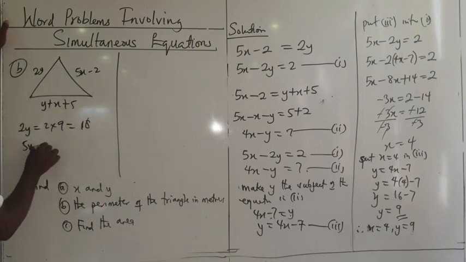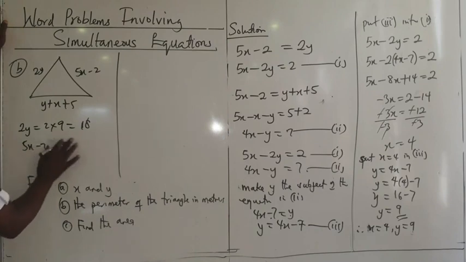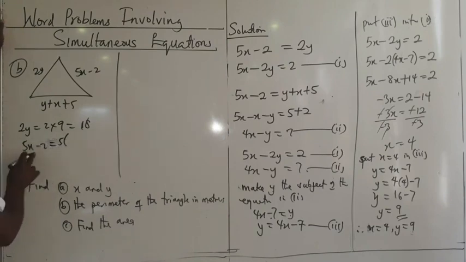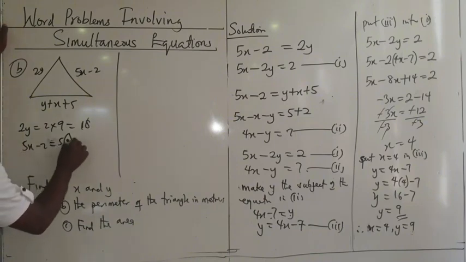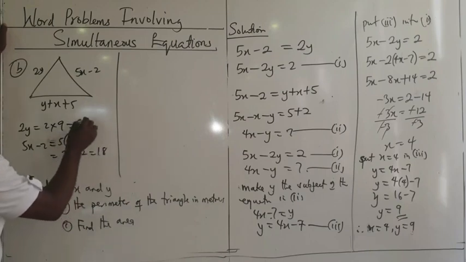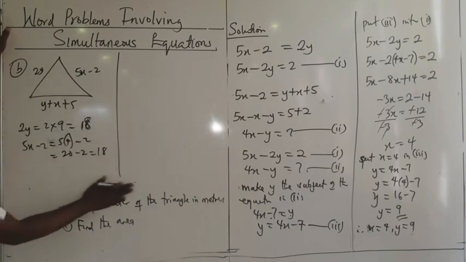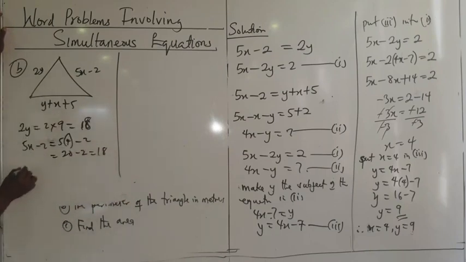So let's check for this one. 5x minus 2. That is 5 into x, which is 4, minus 2. So that is 20 minus 2 equals to 18. You can see the same thing. I want to check for the other one. For the last one, which is y plus x plus 5.